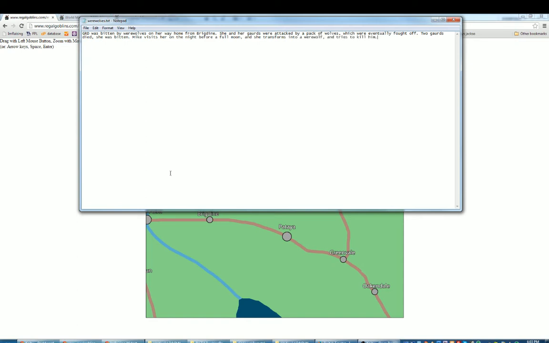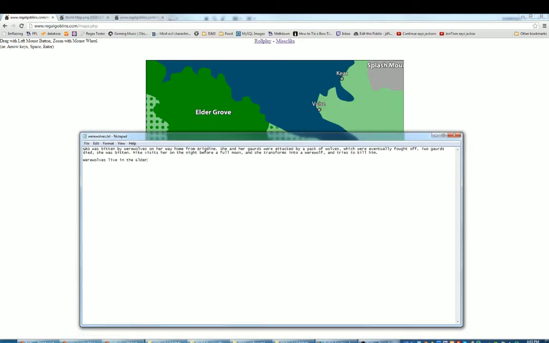Done. Okay. Werewolves live in the Elder Grove. Is that what we called it? Elder Grove. In a pack of now.